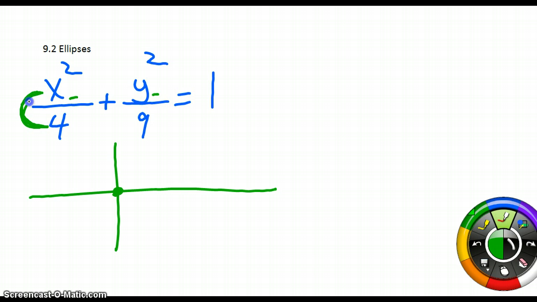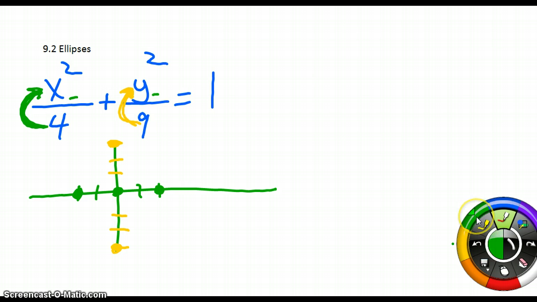This 4 is underneath the x, so this is how we'll move in the x direction. So we'll move 2 in one x direction and 2 in the other. But this time the 9, the bigger number, is underneath the y, and we'll still move in that direction. So we'll go 3 in the y direction and 3 in the other y direction.